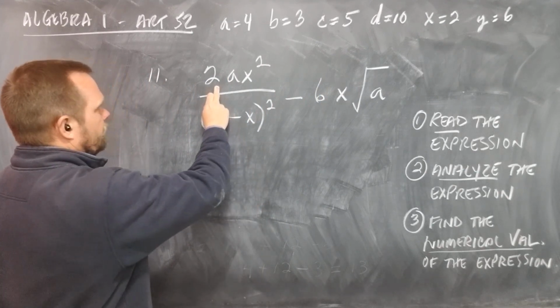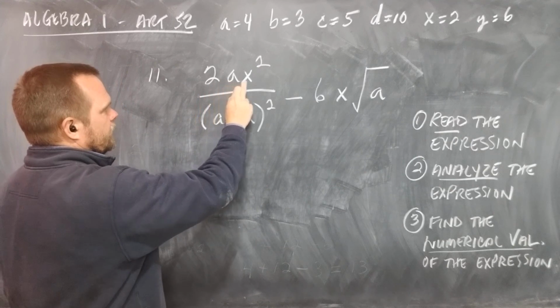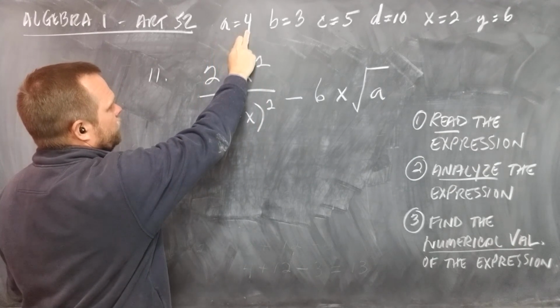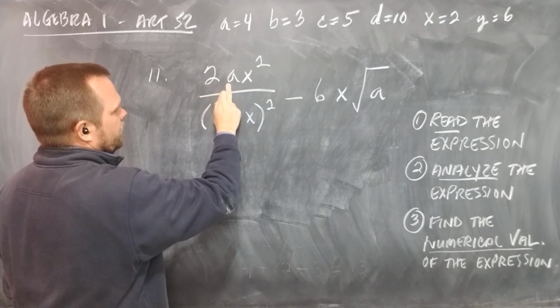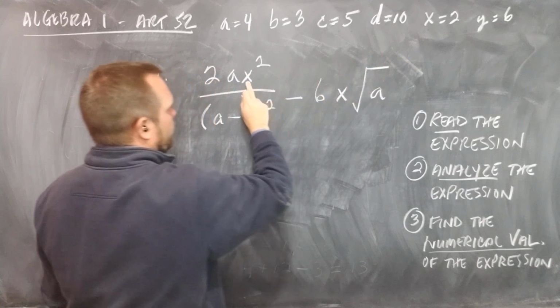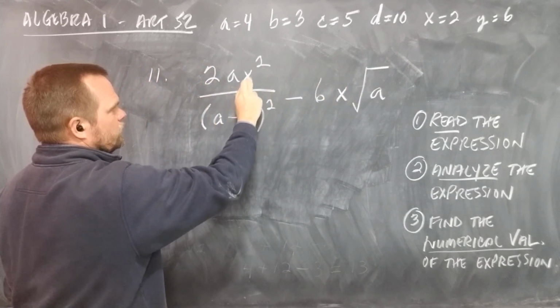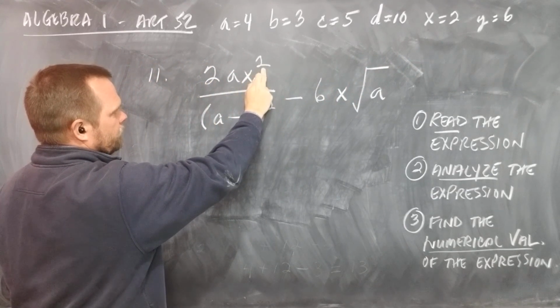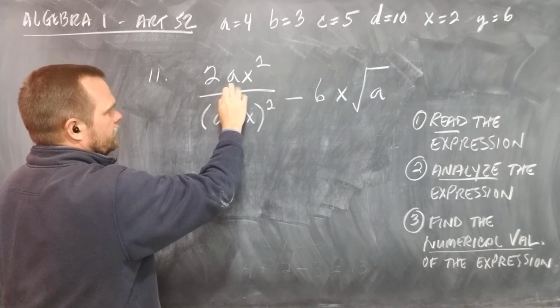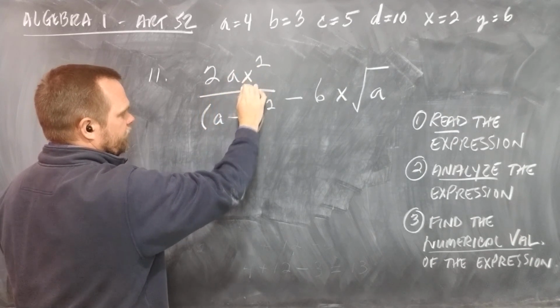Let's start up top. 2 times a times x squared. 2 times a is 4. 2 times a equals 8. x is 2. x squared, 2 squared, is 4. So 2 times 4 is 8, times x squared, which is 4.